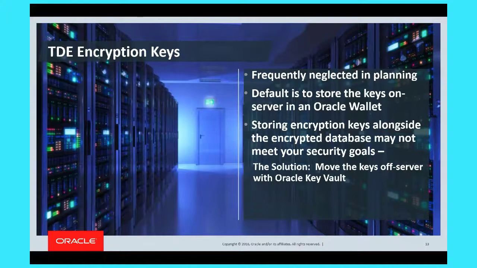And what that means is, if an attacker gains access to your database server and steals your database files and is able to steal your database wallet at the same time, your level of protection for that encrypted data is only as strong as the passphrase you have for your Oracle wallet.